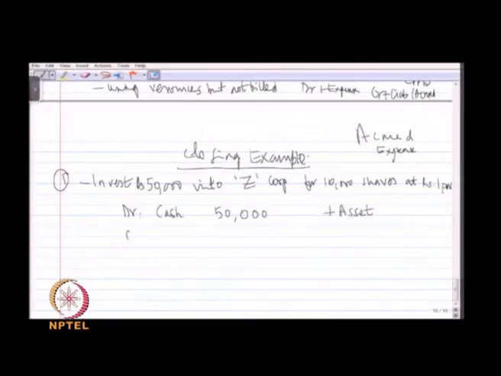So, what would be the corresponding credit entry? It will be the capital or the owner's equity at par, because it was only 10,000 at par, this causes an increase in equity, and something called the additional paid in capital, which in this case is 40,000.